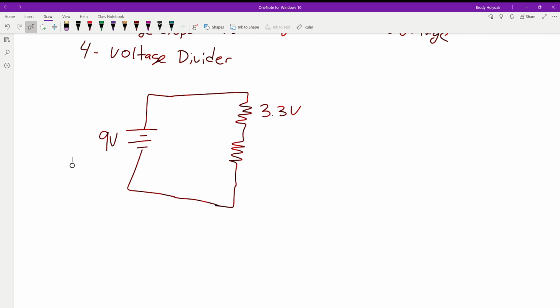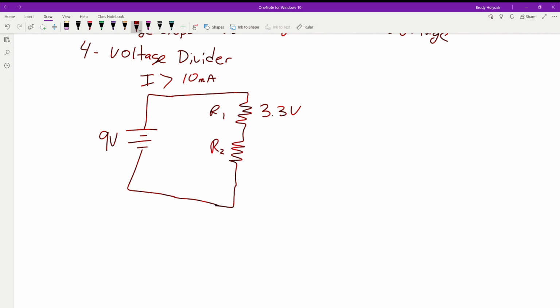So in this scenario, I only care about this voltage. The rest is going to go over here. It's up to you guys to figure out how I'm going to set up this ratio. And I don't really care what my current is. Let's just say as long as I have more than 10 milliamps, I will be happy. So looking into this, we've got two resistors that we need to determine in order to build this circuit.